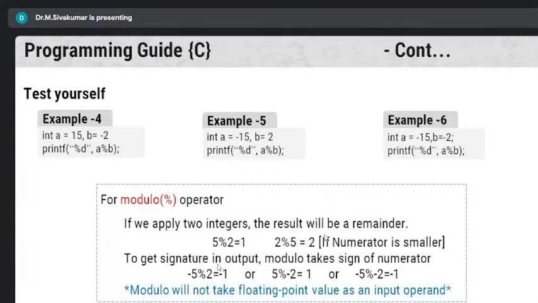I framed the same thing as rules here. From the students' point of view, if the numerator value is the highest and the denominator value is the lowest, automatically a value will be the remainder. And for the lowest value of numerator and highest value of denominator, the answer will always be the numerator. So for understanding, I'm giving a rule based on my observation.